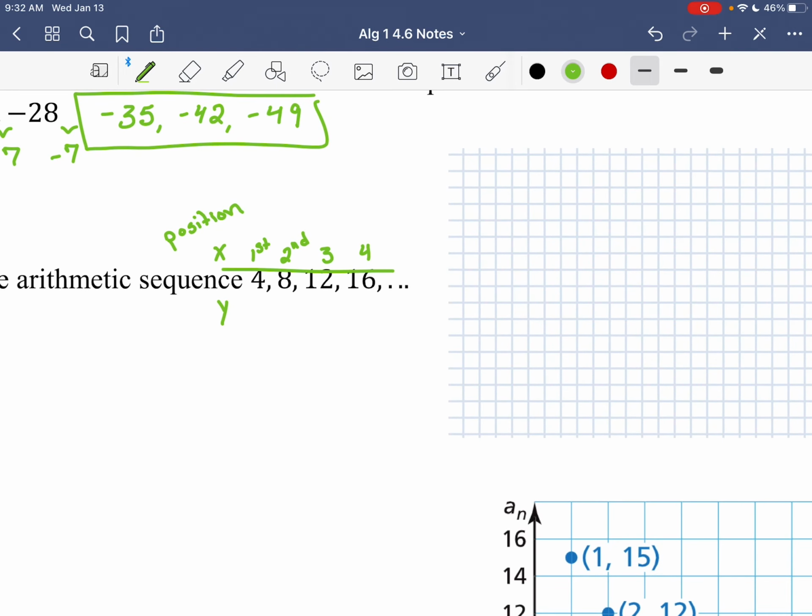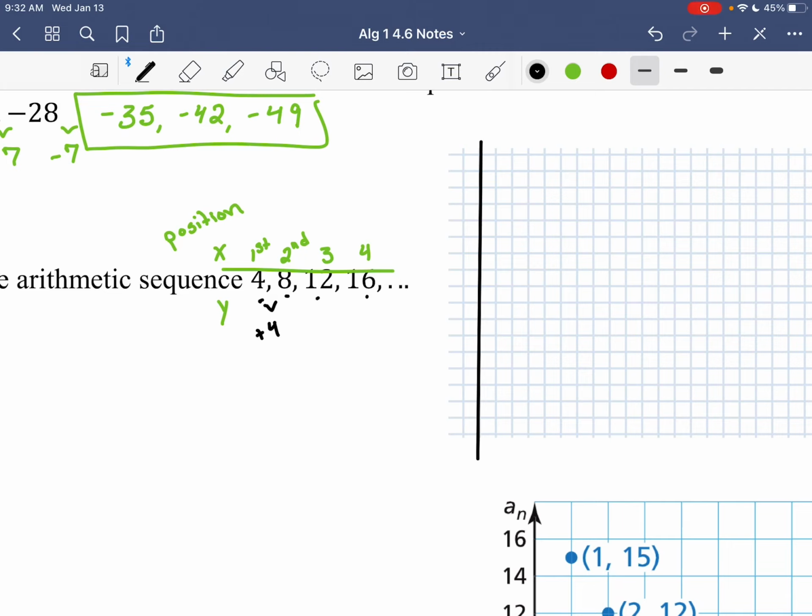So when I graph these, grab my ruler, I only need positive x's because we only start with first term, second term, and so forth. It looks like all my terms here are positive: 2, 4, 8, 12, 16. We can tell my common difference there, it goes up by 4 each time.